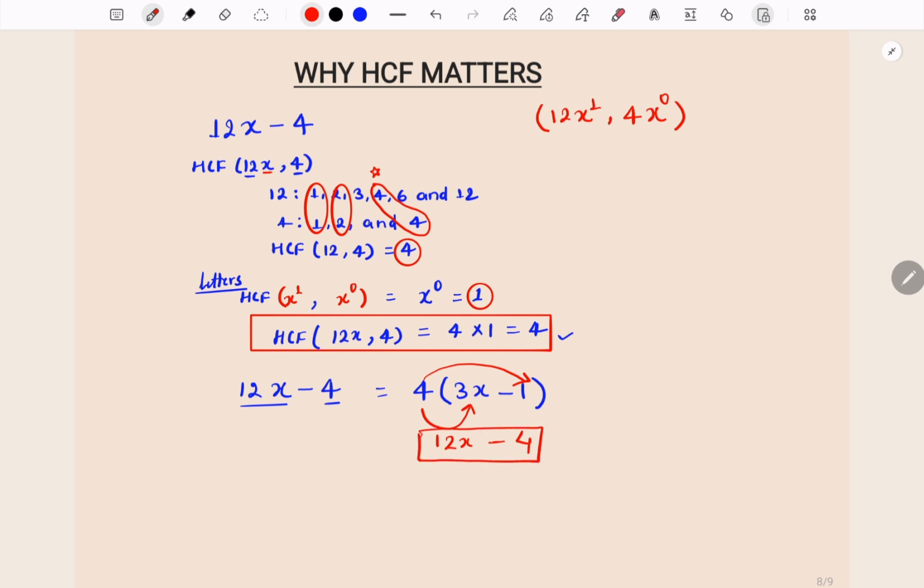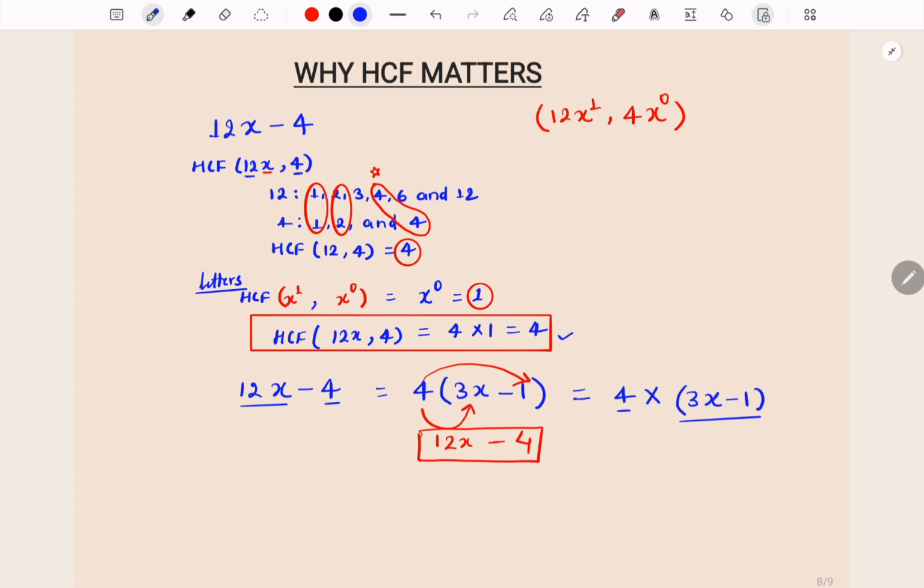So this process is called factorization. If you look here carefully, you can see that I have broken this 12x minus 4 into two factors. The first factor is 4 and the second factor is 3x minus 1.